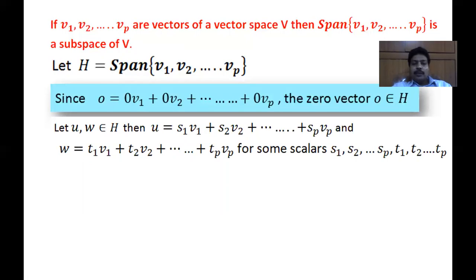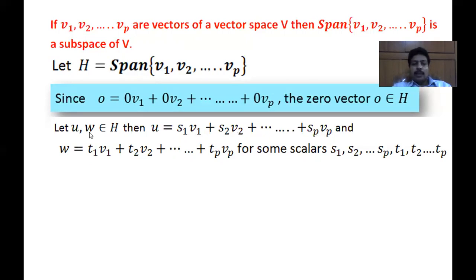Let us prove that vector addition is closed. To prove that, we have to take two elements u and v in H. So H is the span of v1, v2, vp. So each vector in H is a linear combination of these vectors. So u can be written as s1v1 plus s2v2 and so on spvp.